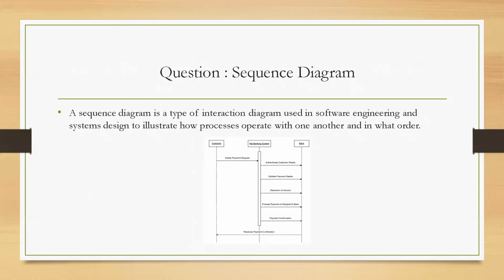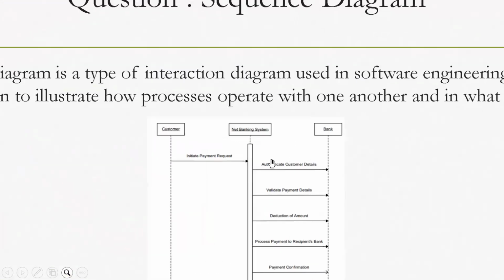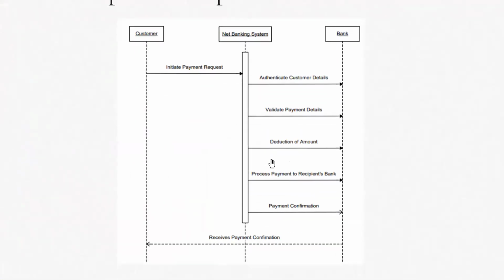And the next question is a sequence diagram. You know the sequence diagram, which is used to visualize the interactions or communications between the actors and objects. It shows all the interactions between the objects, how each interacts with another object, and what messages are passed between them.